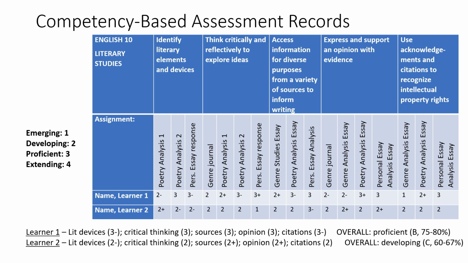So again, I've got the 2 learners. I've got the same assignments, but you can see that they are separated now into competency. So learner 1, who previously was at 72%, in terms of literary devices is at a low proficient, critical thinking proficient, accessing information from diverse sources is proficient, expressing and supporting an opinion with evidence is proficient, and citations is a low proficient.